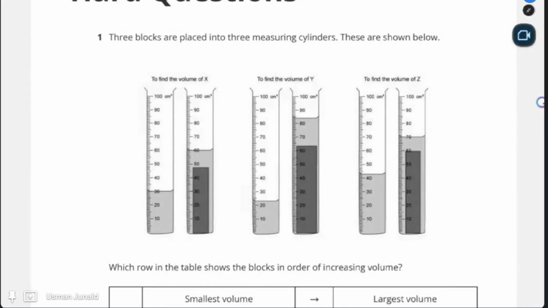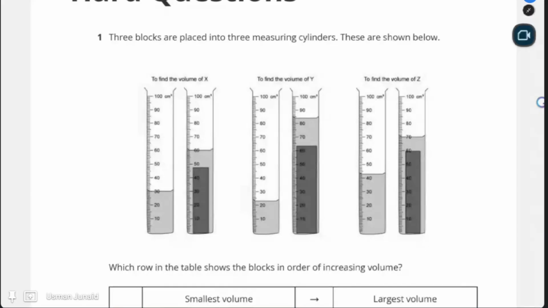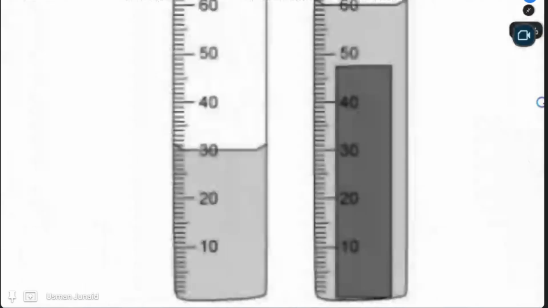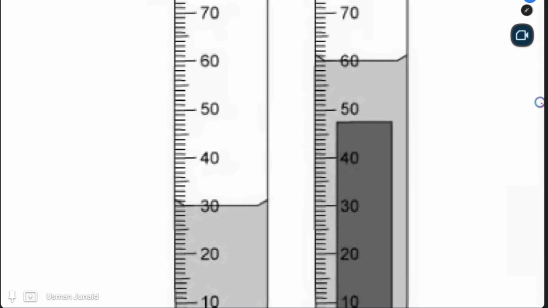Three blocks are placed into three measuring cylinders. These are shown below. Okay, so let's see, what is the difference in the first one? It's 30.